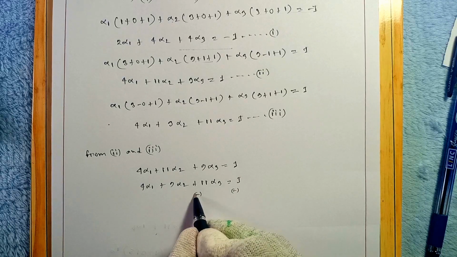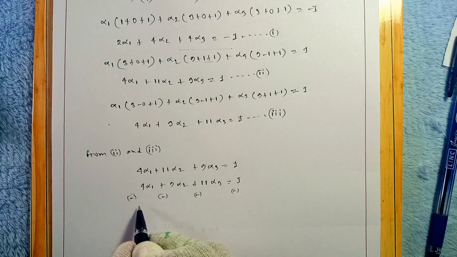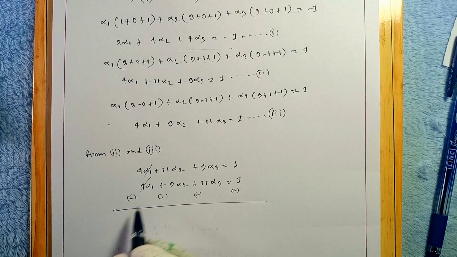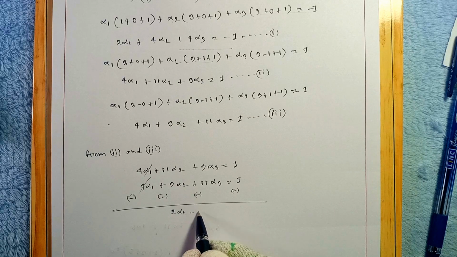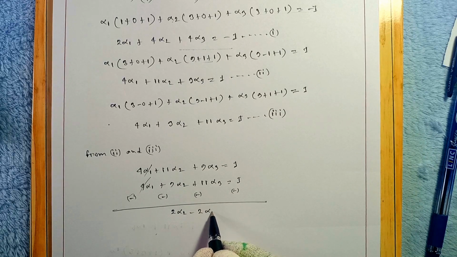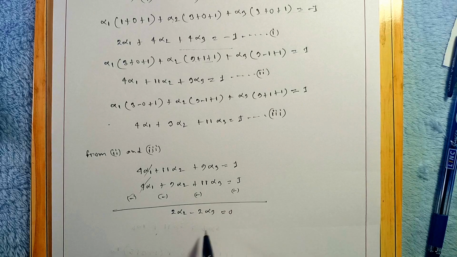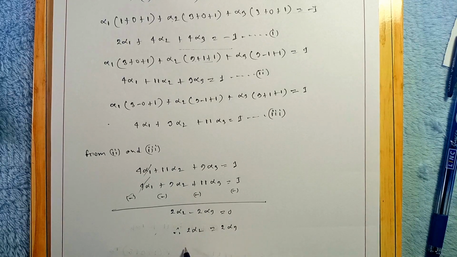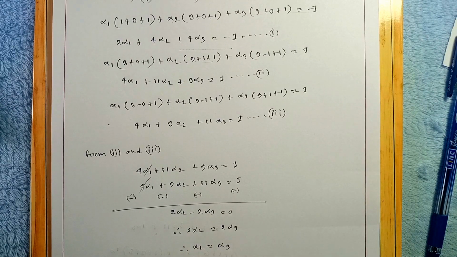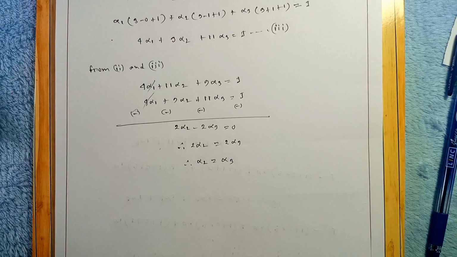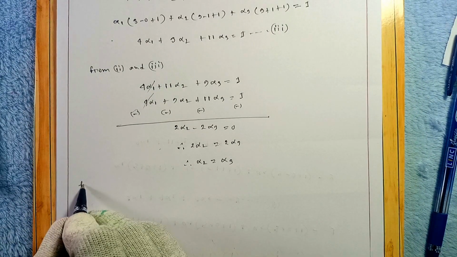Let's put minus here. So we got the value 2 alpha 2 minus 2 alpha 3 equal to 0. Okay, so now we can say that 2 alpha 2 equal to 2 alpha 3, so alpha 2 equal to alpha 3.